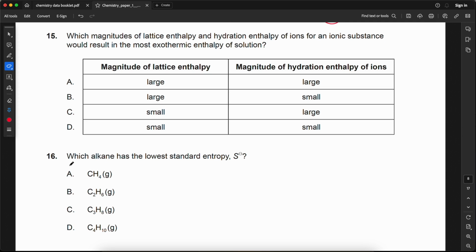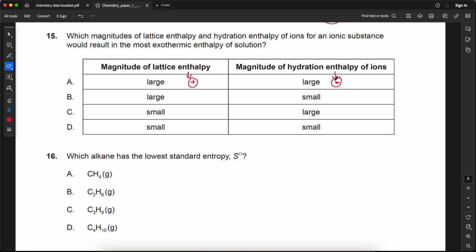Which magnitudes of lattice enthalpy and hydration enthalpy of ions for an ionic substance would result in the most exothermic enthalpy of solution? Magnitude is the amount of energy released or absorbed. Lattice enthalpy is positive, always endothermic, and hydration enthalpy is always exothermic.